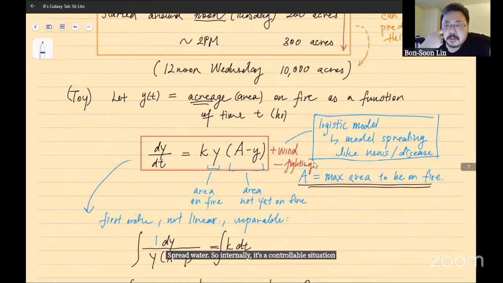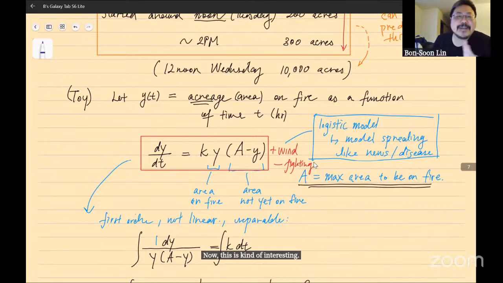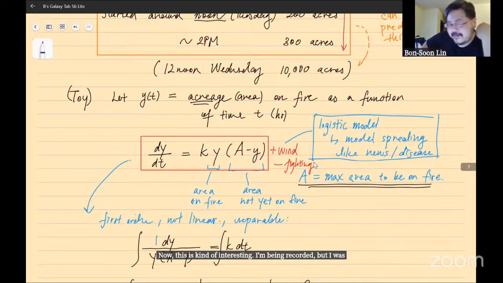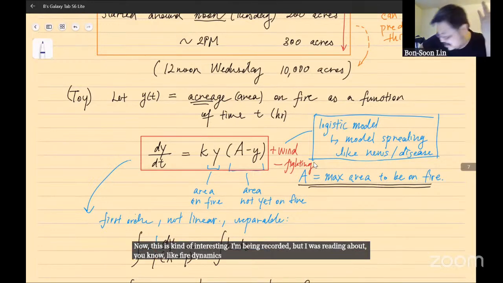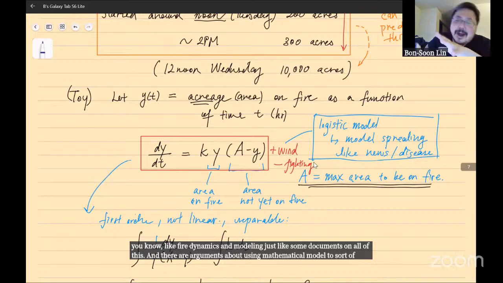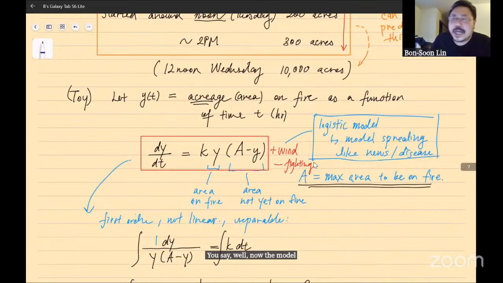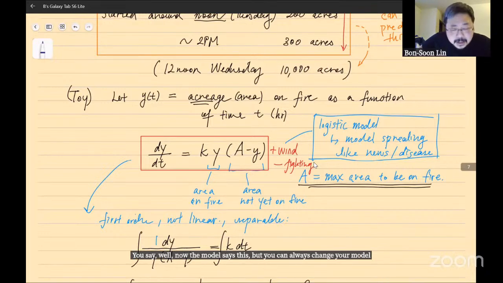Yeah, it's probably controllable. Now this is kind of interesting. I was reading about fire dynamics and modeling, and there are arguments about using mathematical models to analyze these situations, because the model says this, but you can always change your model to say different things. That's not untrue.